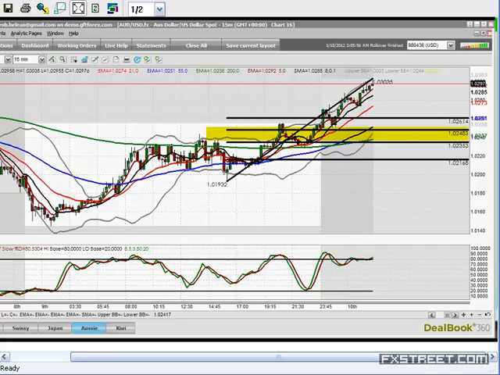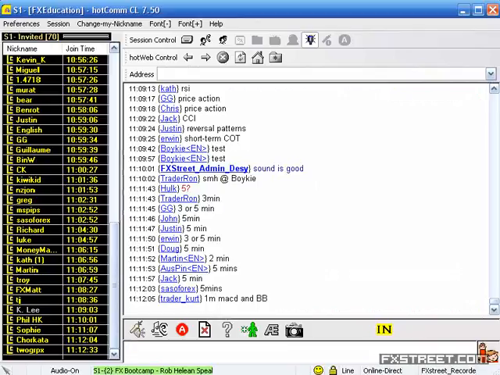Okay, next question regarding confirmation. We're going to mix it up a little bit. If I go to the hourly chart, let's make this an hourly chart real quick.